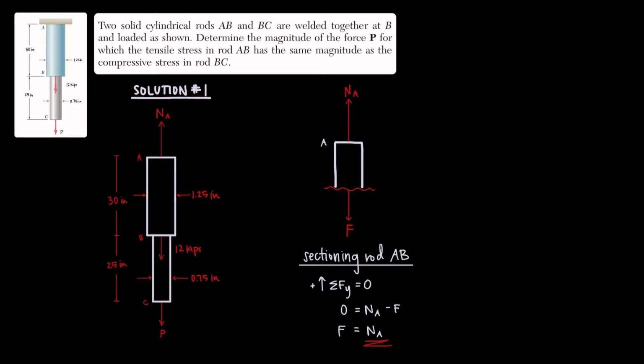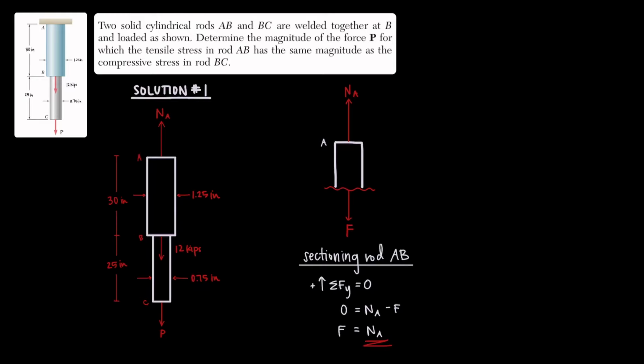We've sectioned rod AB to find the internal resultant force labeled F that counteracts the normal force at A. I chose the most common directional system in which up is positive and down is negative for the force vectors. The equation of equilibrium we'll be using here is the summation of the forces in the y direction, which should be equal to 0 because the system is, of course, in equilibrium since it's not moving.